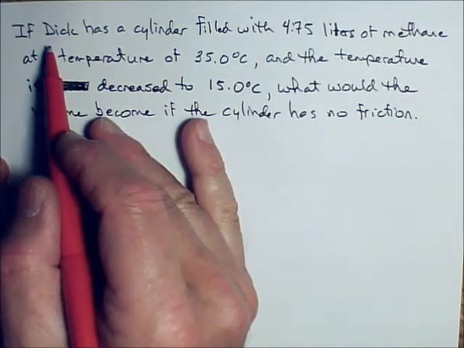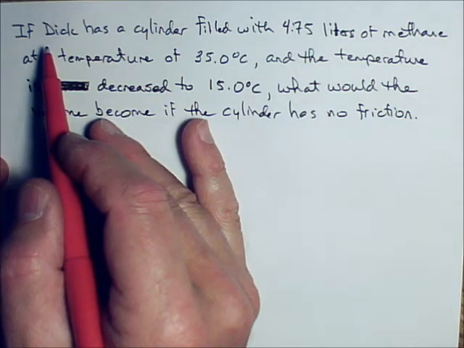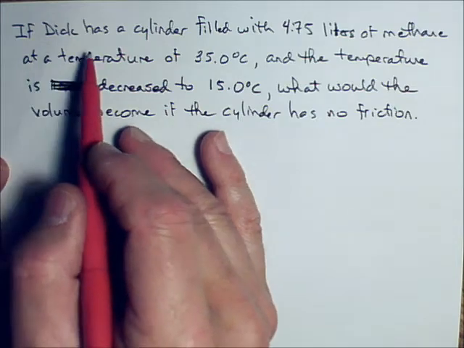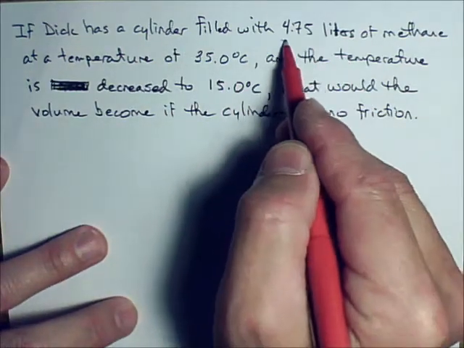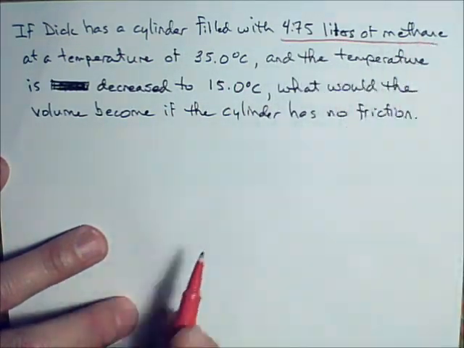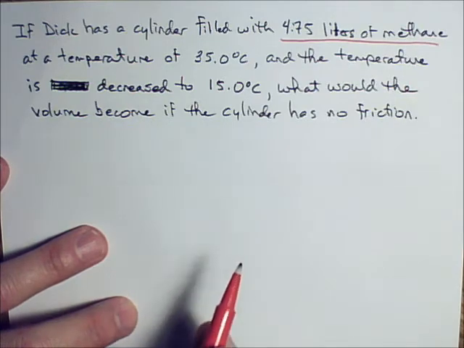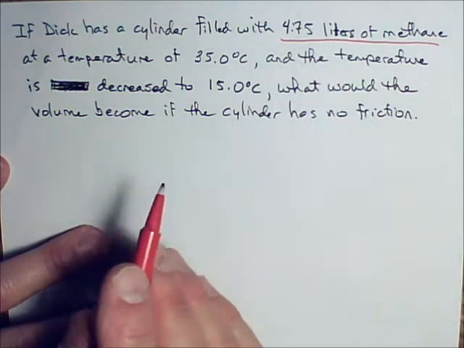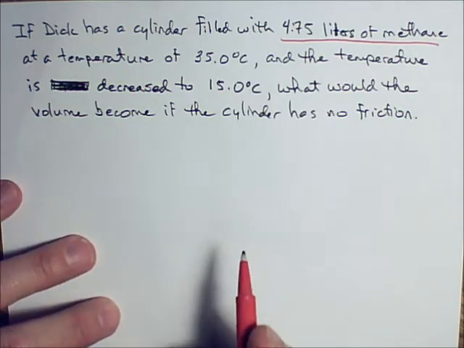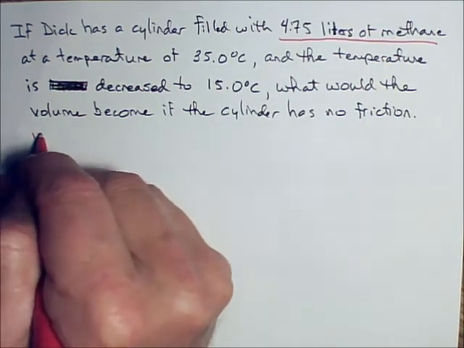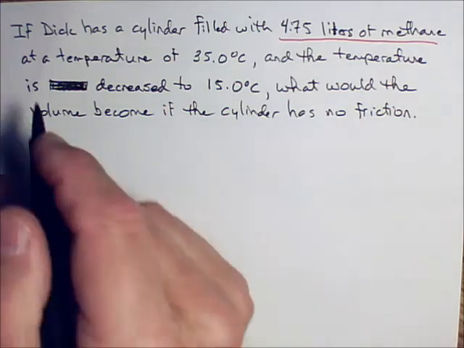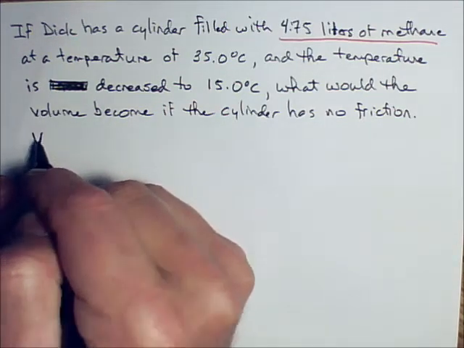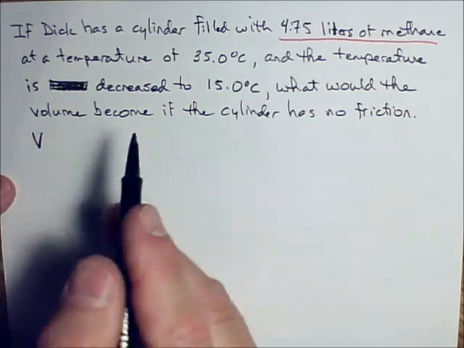If Dick has a cylinder filled with 4.75 liters of methane, that's a known amount. Well, liters measures what dimension of measurement? Volume. So this is a volume. Well, it might be V1. Let's just list them in the order we get them first and see, okay?